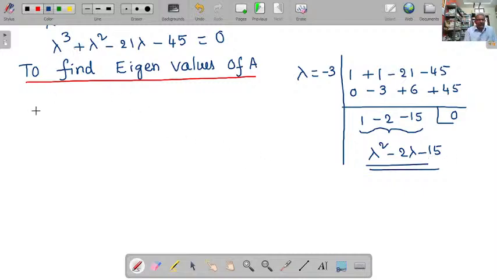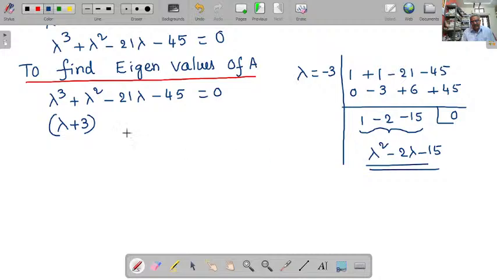Now this can be rewritten as lambda cube plus lambda square minus 21 lambda minus 45 is equal to 0. Lambda is equal to minus 3 satisfies this equation, so lambda plus 3 is one of the factors. So we can write lambda plus 3 times lambda square minus 2 lambda minus 15 equals to 0.